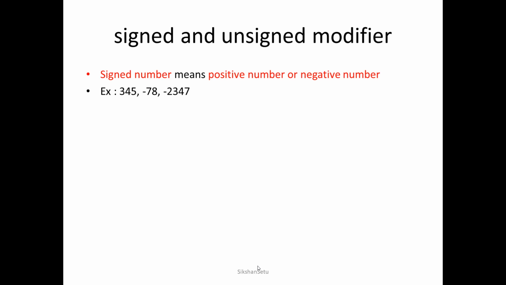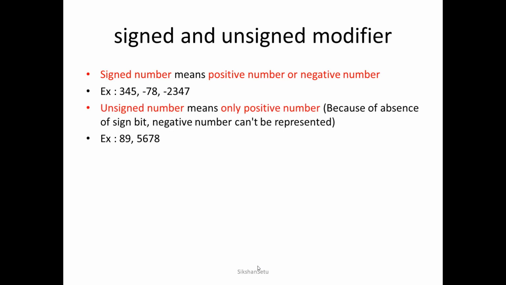But in this case, to represent a negative number, there should be an explicit sign. Now in the case of an unsigned number, it only contains positive numbers, because in this case no sign bit is reserved. All the bits will be used for representation of the data.